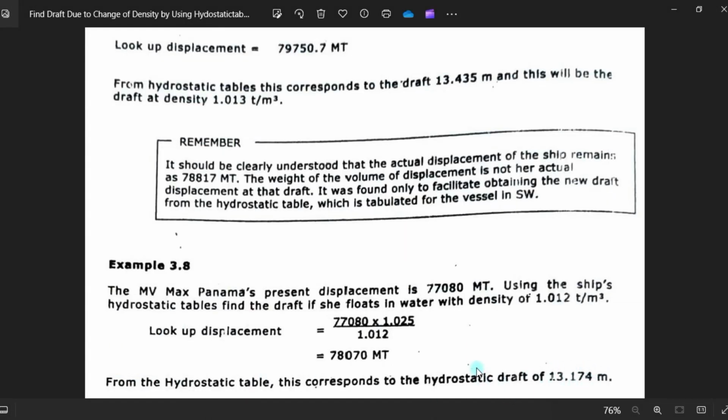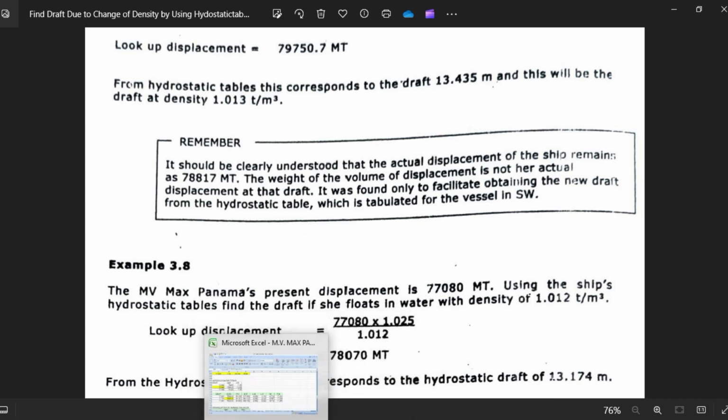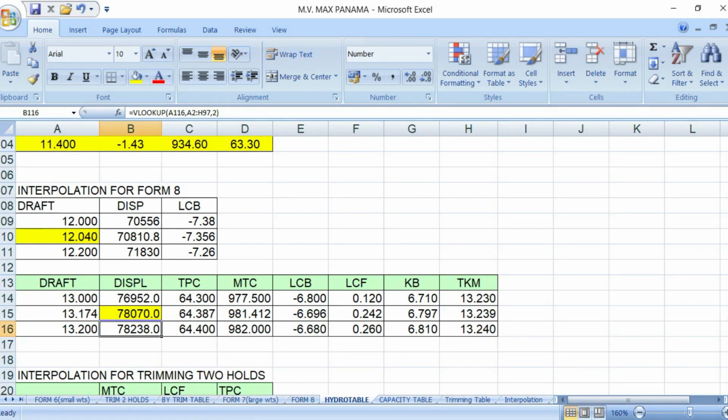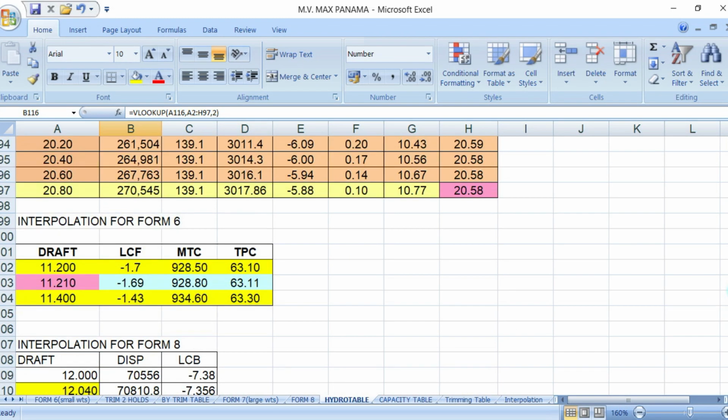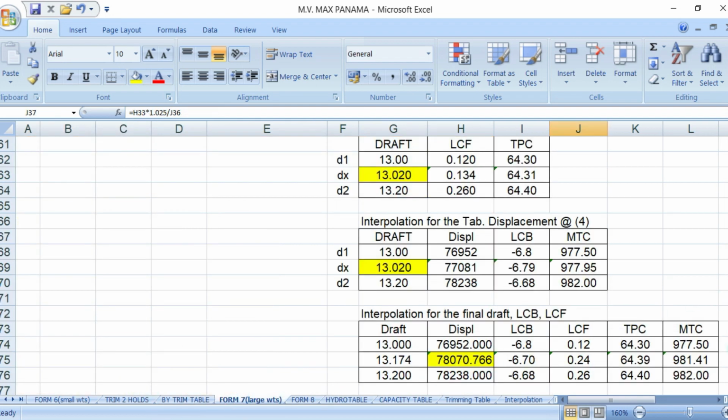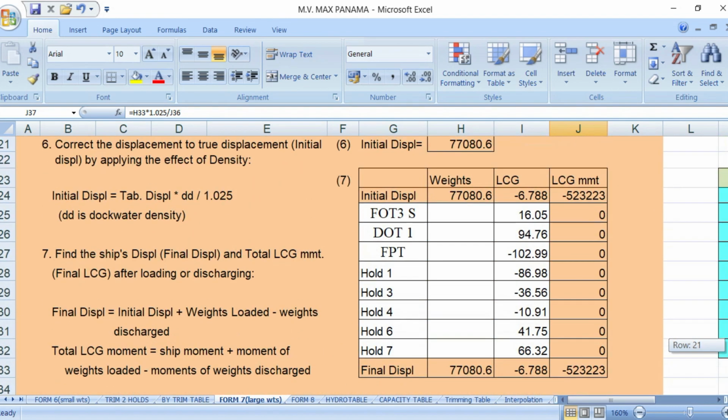So you can visit the hydrostatic table and interpolate, but by using the program, you don't have to interpolate.